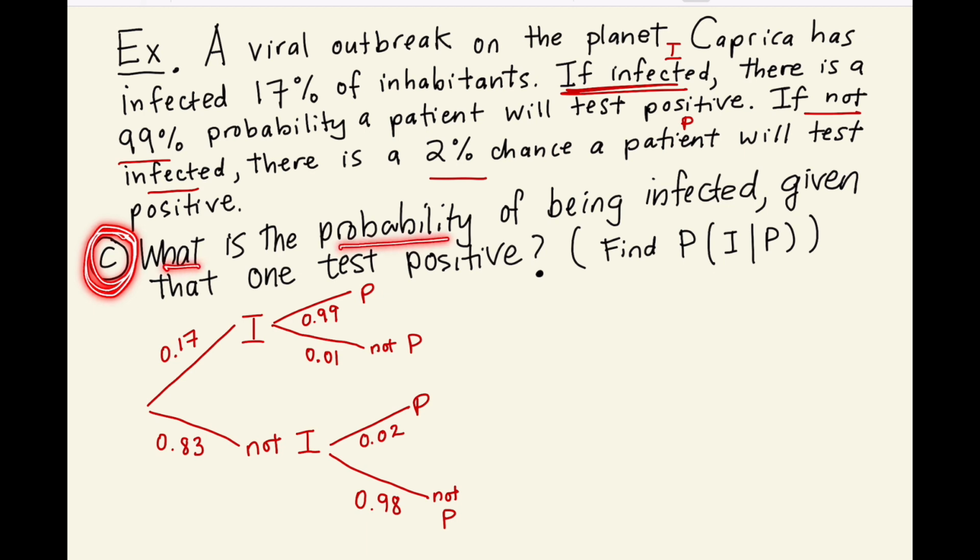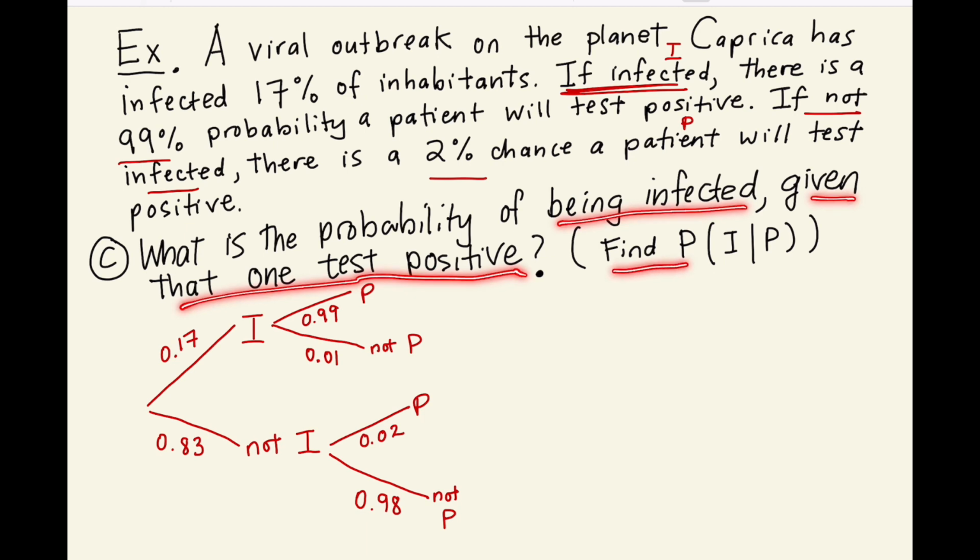Okay, the last question that we want to answer is part C, and that is, what is the probability of being infected given that one tests positive? Okay, so this is a conditional probability. Another way we could write this is find the probability of being infected given that the individual tested positive.